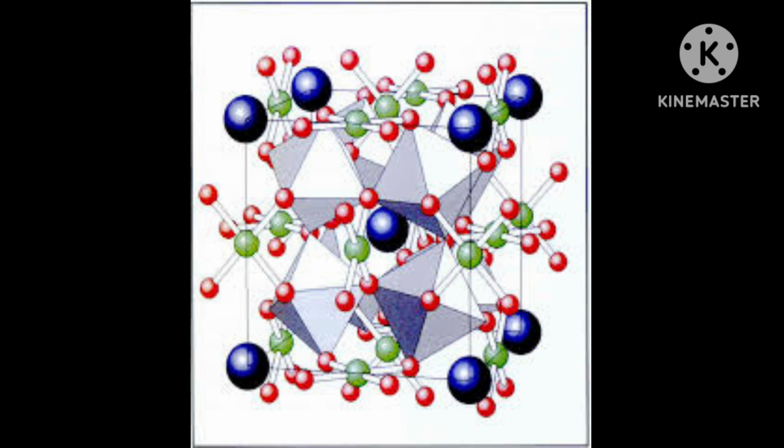From our earlier studies, we know that liquid and gases are called fluids, F-L-U-I-D-S, fluids, because of their ability to flow. The fluidity in both of these states is due to the fact that the molecules are free to move about.